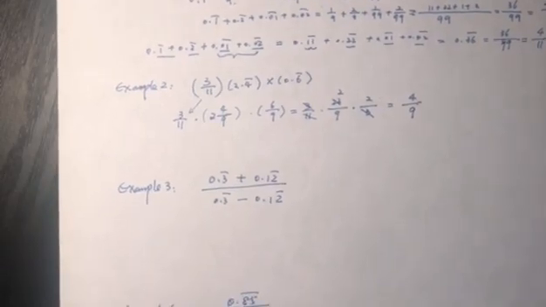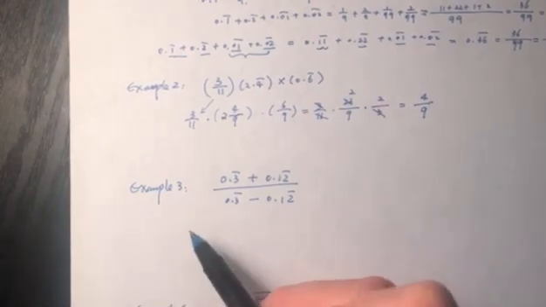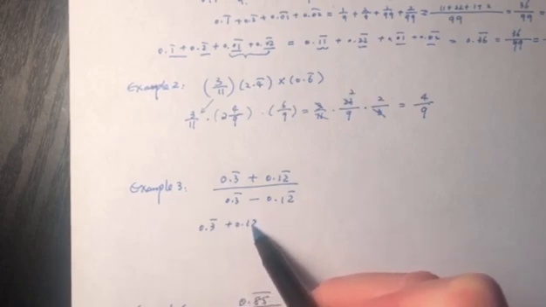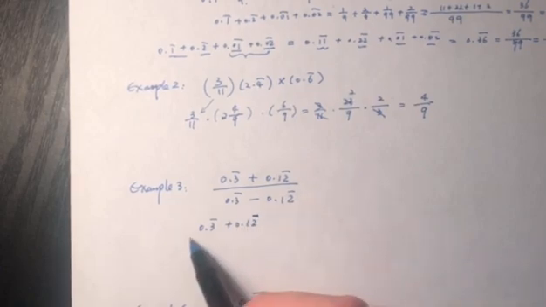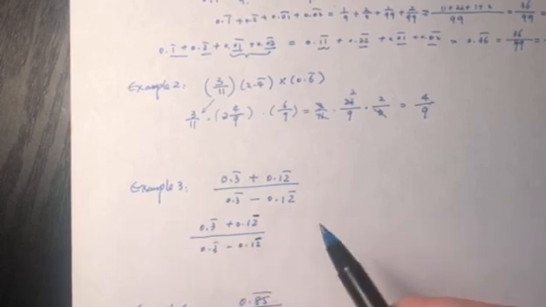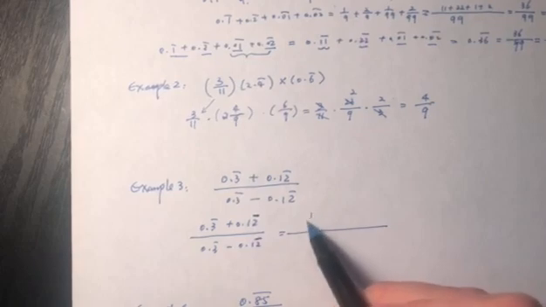Example 3 is about recurring decimals with addition and subtraction, put into fractions. It's the same idea: 0.3 plus 0.12 recurring on the 2, divided by 0.3 minus 0.12 recurring on the 2. 0.3 is 1 over 3.